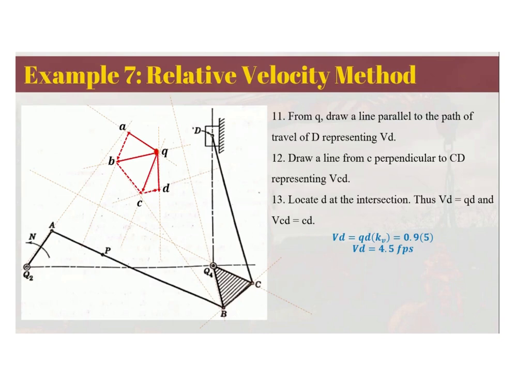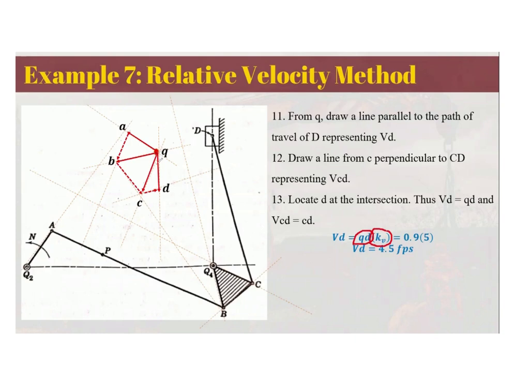So the velocity of D is represented in our drawing by this length QD. All you have to do is to measure QD using a ruler in the velocity polygon, and then multiply it by the velocity scale. Our velocity scale is every inch in the drawing is 5 fps.